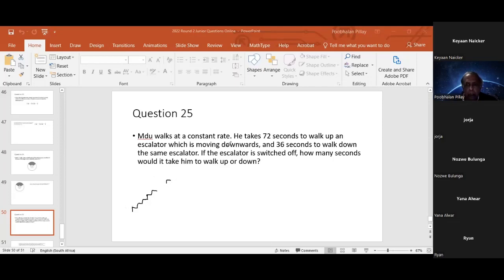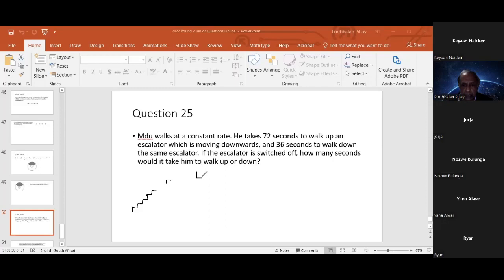Now, when he walks up the escalator, we're not concerned about how many miles per hour or how many kilometers per hour you take. Your measurement is how many steps it takes, and it's in seconds. So his speed you measure in steps per second. So we don't know what his speed is.